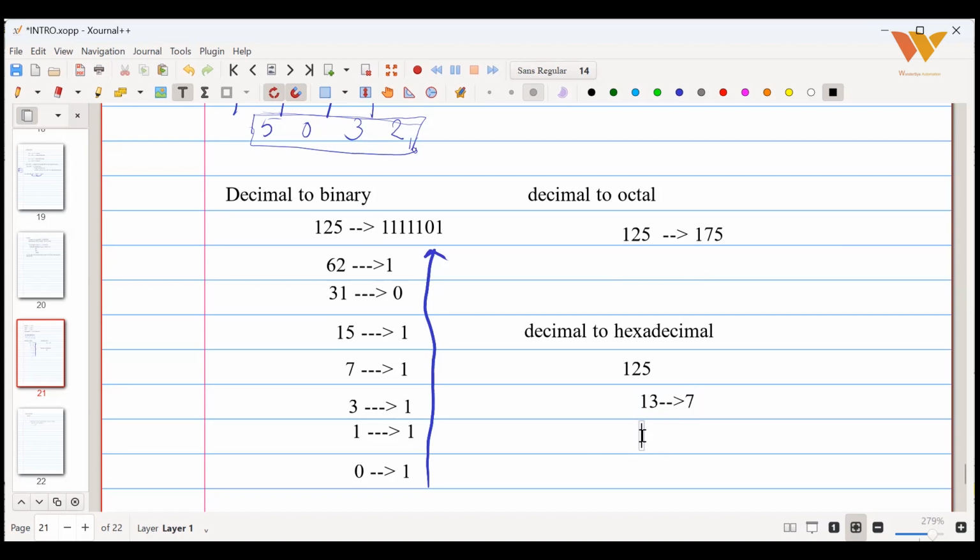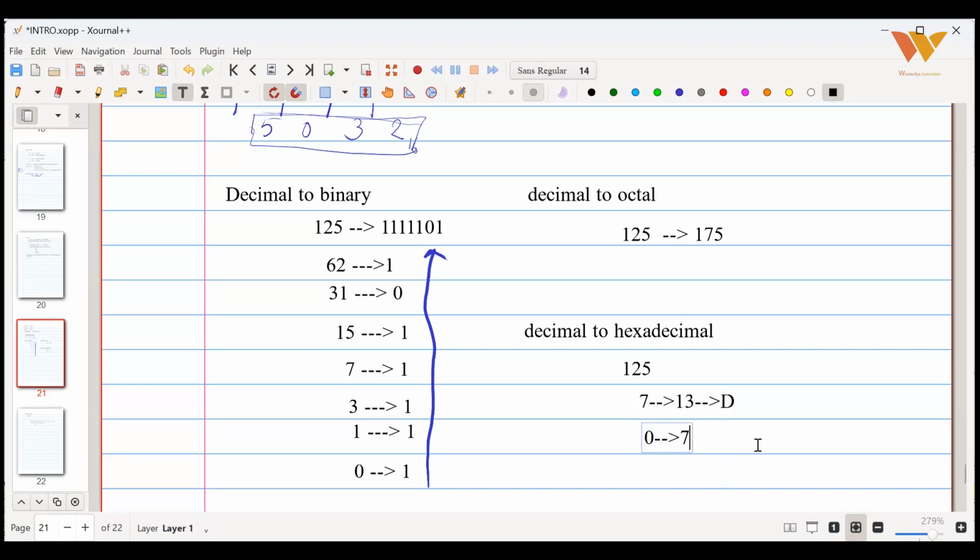The remainder is 7. This is correct. Now the quotient 13, I'll represent in hexadecimal as D. Divided by 16, here you will get 7, and here 13, that I'll represent as capital D. Here it is 0, this will be 7.